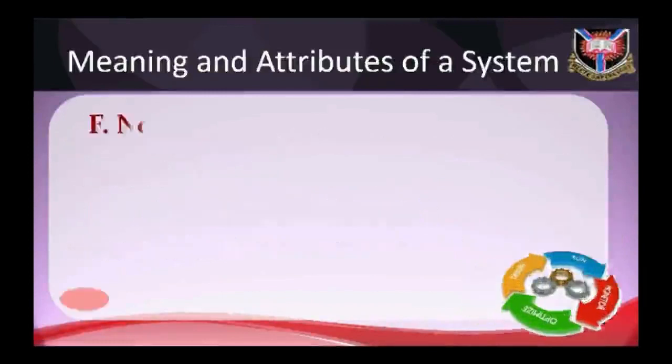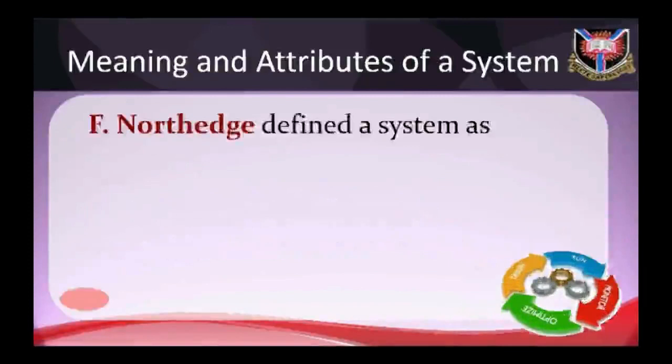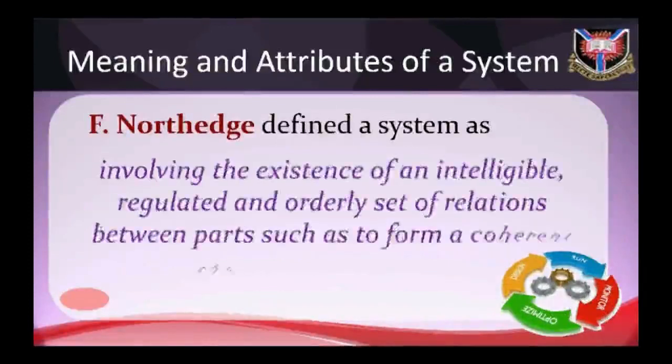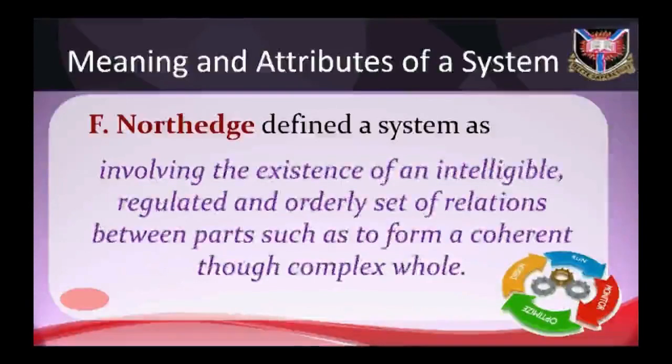F. North Edge, in his International Political System, defined the system as involving the existence of an intelligible, regulated, and orderly set of relations between parts such as to form a coherent, though complex whole. These different definitions are informing, and you should please note the differences and similarities between them.